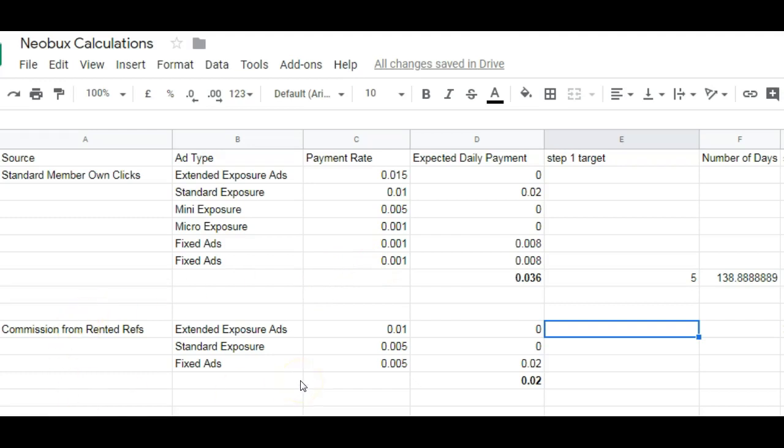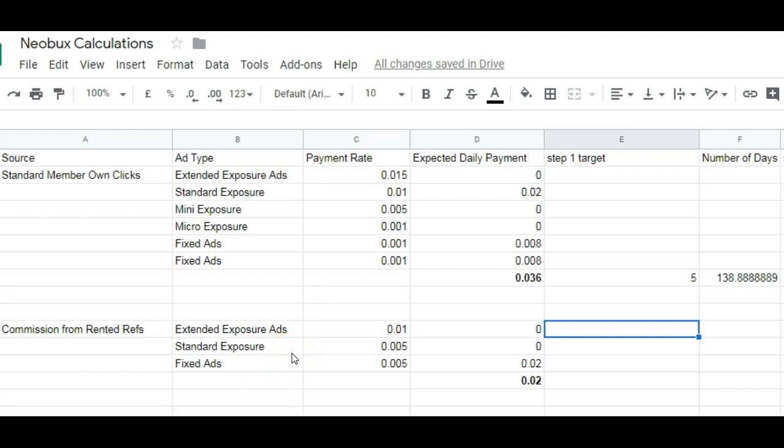Okay, so that's your earnings for your own ad clicks then. The second part of the calculation is a lot harder to get quite accurate. But these are the amounts that you will earn for the ad clicks done by your rented referrals. And of course, as I already showed you, the pattern for people doing ad clicks is not consistent, so it's very, very difficult to be accurate with this.